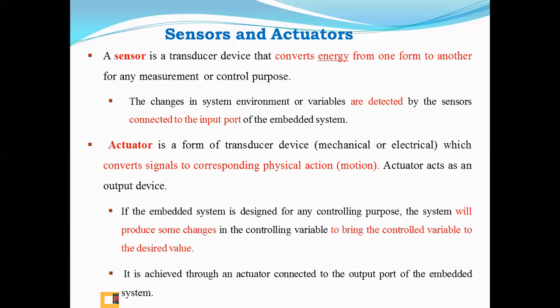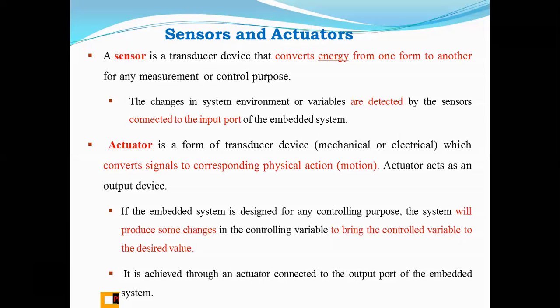Suppose you enter into the room and it is too hot, right? What happens is you take a remote and try to adjust the room temperature and make it cool. So how is it done? In the air conditioning system, there is a sensor. That sensor first has to check the surrounding room temperature.